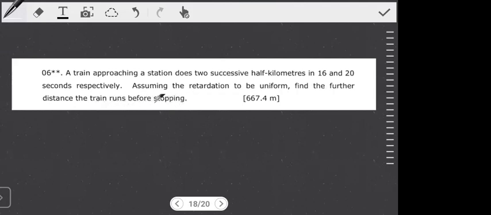What are they telling us? Well, they're saying we have this train that is approaching a station and it covers 2 successive displacements. So these are half kilometers each in 16 seconds and in 20 seconds respectively.